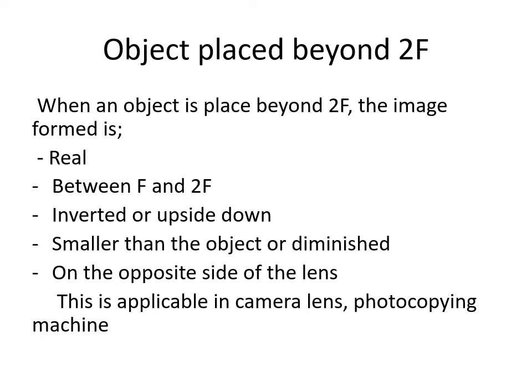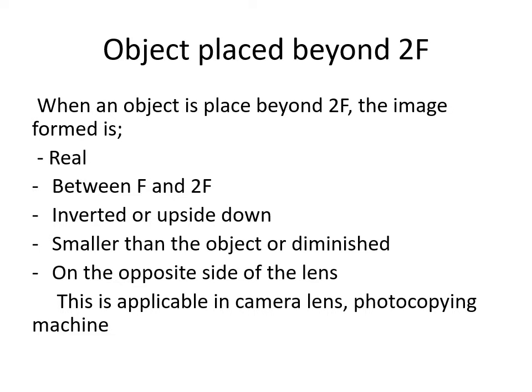When an object is placed beyond 2f, these are the characteristics of the image formed. The image is real. The image is between f and 2f. The image is inverted or upside down. The image is smaller than the object, or diminished. The image is on the opposite side of the lens.